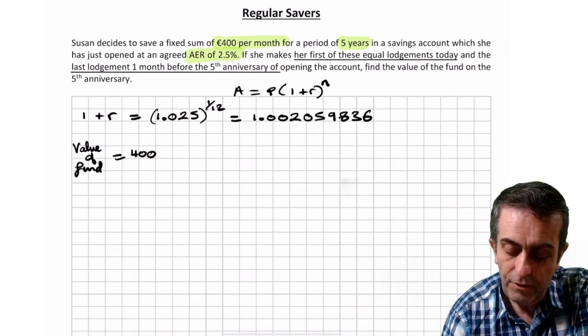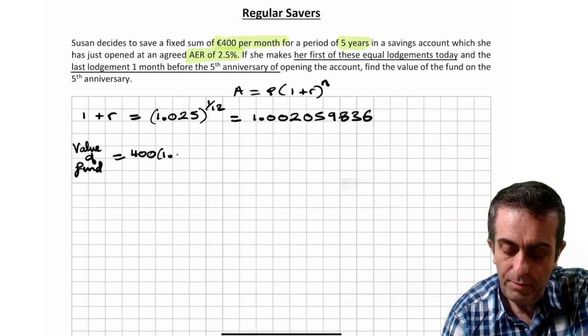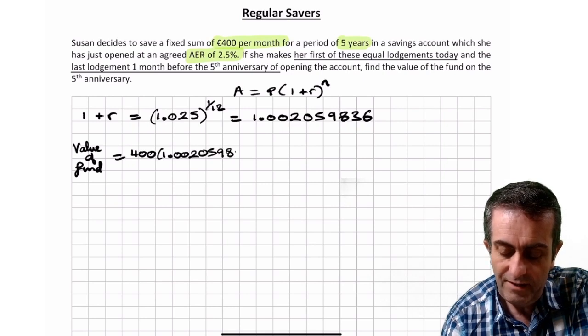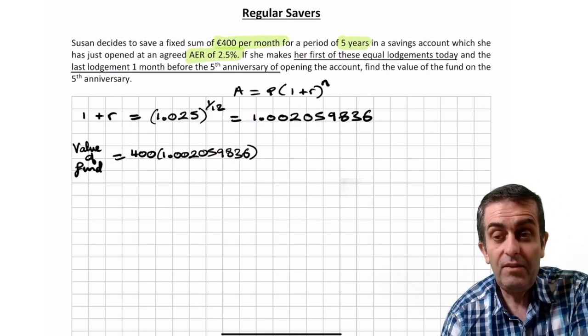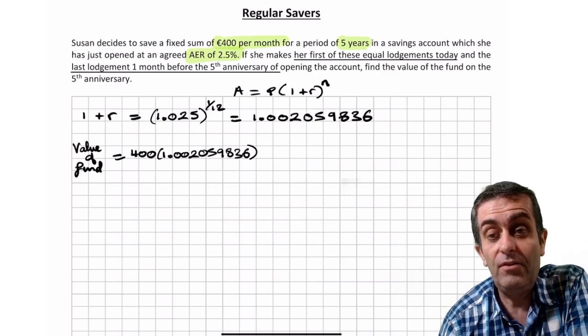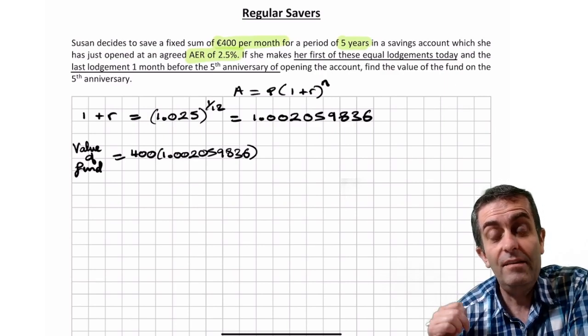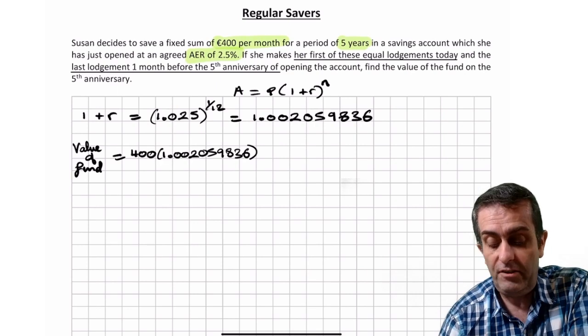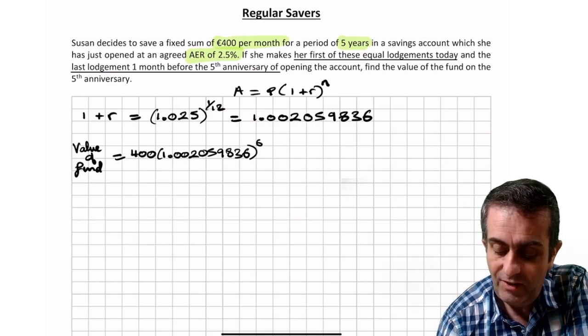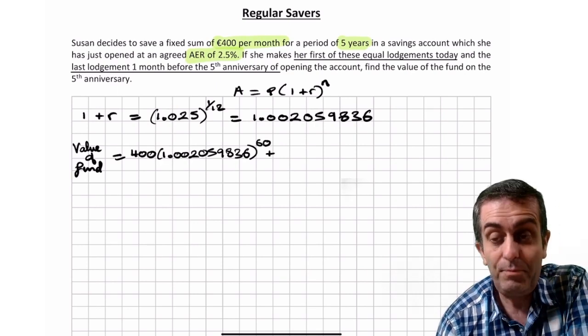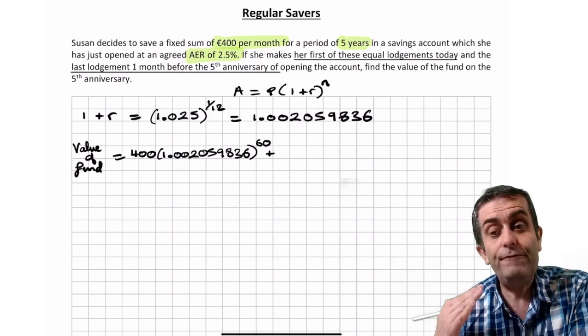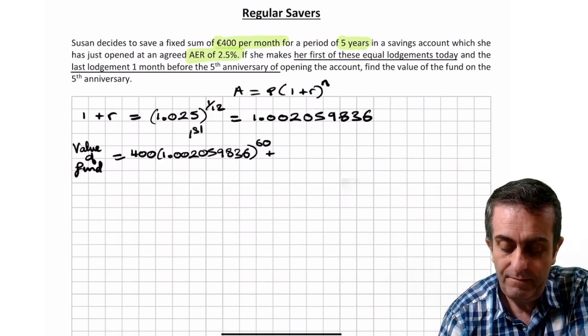So that's 400 multiplied by 1.002059836, to the power of the amount of time it's going to be sitting in the account. This will be in the account for 5 years, and 5 years is 60 months. Everything now must be counted in months. So that's the first lodgement that she made.